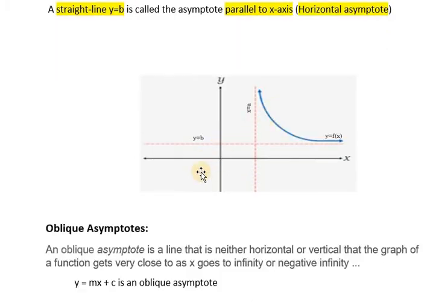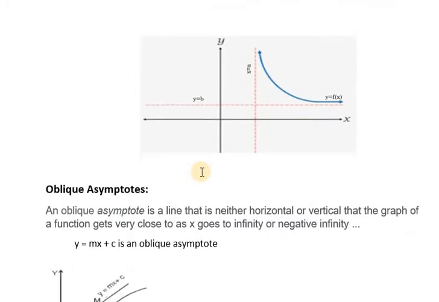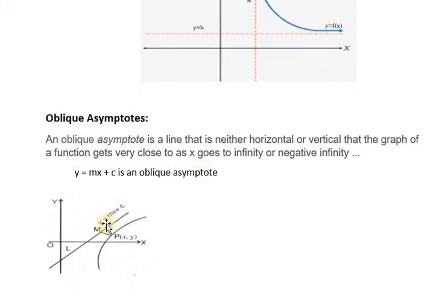Other than these two, we have the oblique asymptotes. They are nothing but slant lines like this. See, a line y is equal to mx plus c is said to be an oblique asymptote of the curve f of x. So an oblique asymptote is a line that is neither horizontal nor vertical.